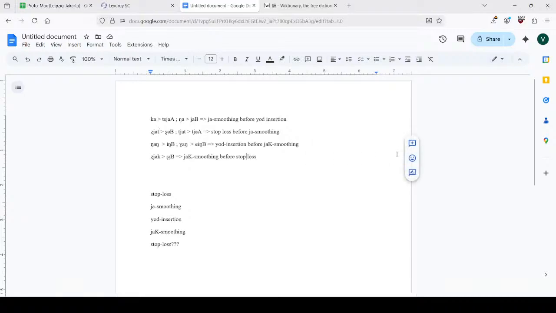Okay, let's make this more specific. Loss, and then this is specifically the loss, right?